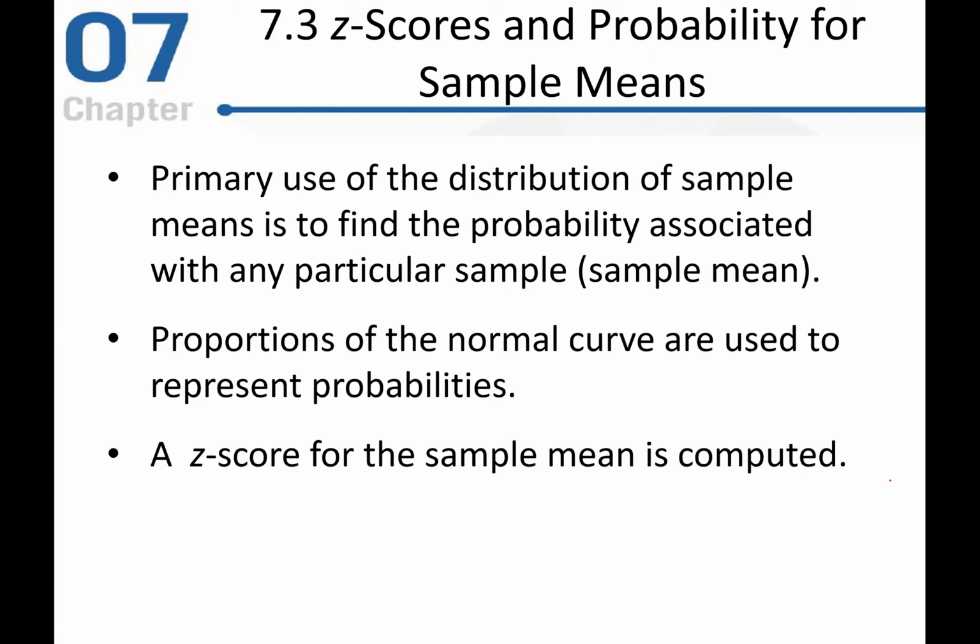Proportions of the normal curve are going to be used to represent probabilities. We're going to calculate a z-score for a sample mean, right? Before, we were calculating z-scores for an individual raw score. But now we're going to calculate z-scores for sample means.